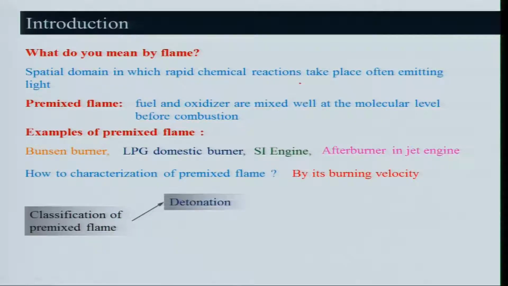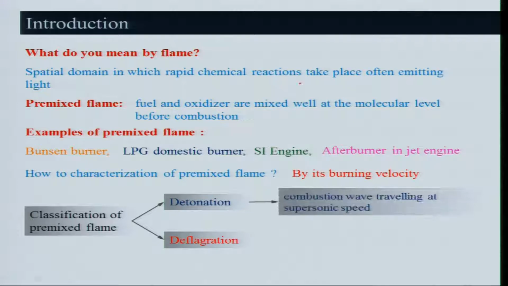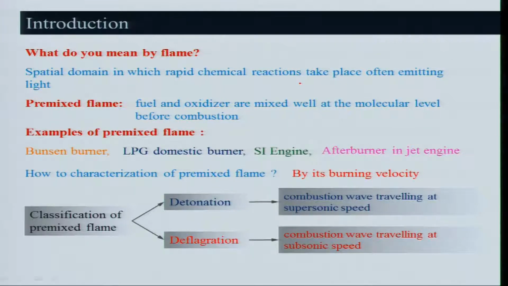If it is more than the speed of sound, we call it a detonation, and if it is less than the speed of sound, we call it a deflagration. So, in case of detonation, the combustion is traveling at a supersonic speed, right, that is detonation. Whereas in deflagration, the combustion wave will be traveling at a subsonic speed, right. So, we will be basically concentrating on the deflagration.